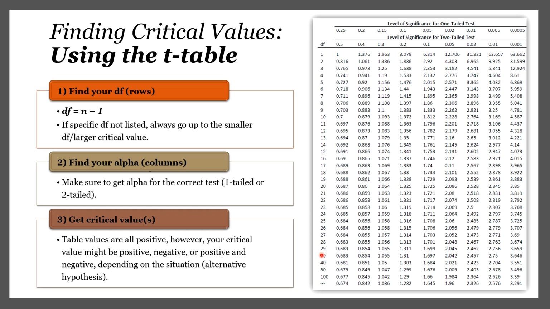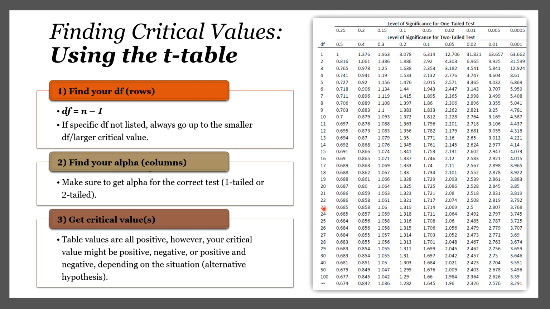Now, if your DF value is not listed in the table, if it falls in between two other values, for example, if your DF value is 38, it falls between 40 and 30, in that case, you always want to go up and take the smaller of the two DF values.